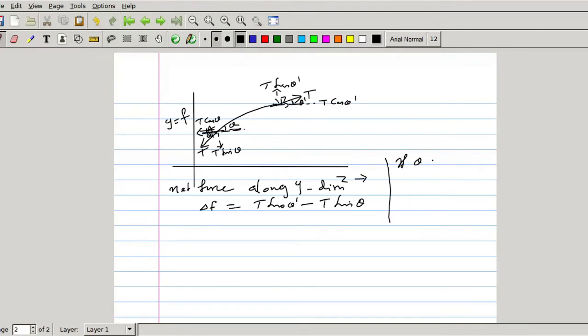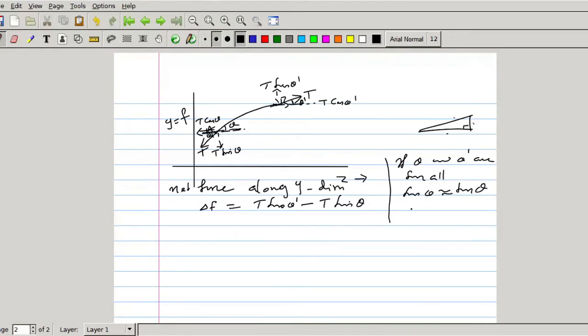If theta and theta dash are small, if these angles are small, then sin theta is approximately equal to tan theta. Sin theta is opposite side by hypotenuse, tan theta is opposite side by adjacent side. If theta is very small, then opposite side by adjacent side and opposite side by hypotenuse are more or less same.